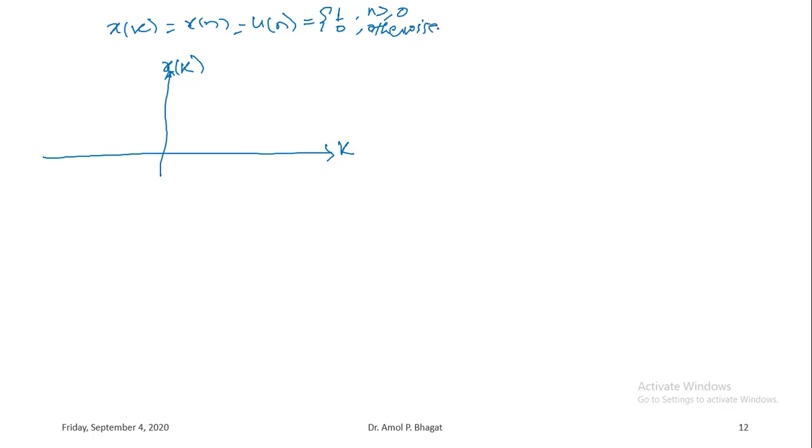So as per the given input sequence, it is nothing but the unit step sequence. All values will be 1 for n greater than or equal to 0, so for k greater than or equal to 0, the values will be 1.